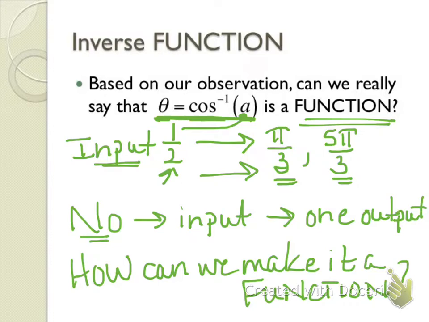I want you to think about what you know about the unit circle with regards to cosine. Think about your cosine chart. You can think about the graph of the cosine that we've been working with this chapter. Think about whatever you need to with regards to cosine, and be creative and come up with some way of how we can take this equation, which clearly right now is not a function, and make it a function.